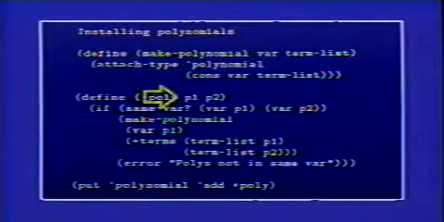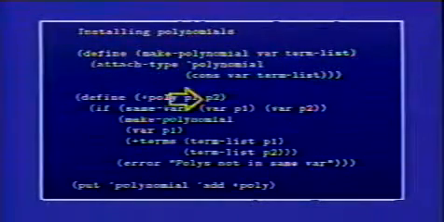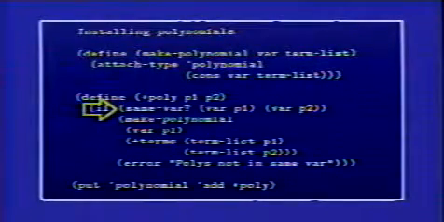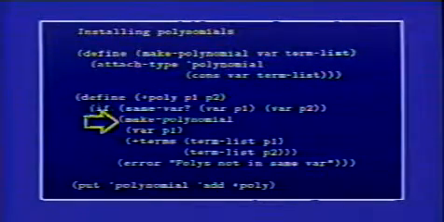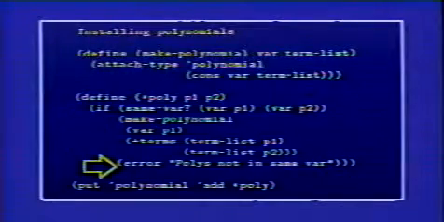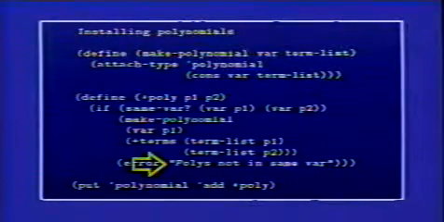Okay, how do we add two polynomials? To add a polynomial P1 and P2, and then just for simplicity, let's say we will only add things in the same variable. So if they have the same variable, and same variable here is going to be some selector we write, whose details we don't care about. If the two polynomials have the same variable, then we'll do something. If they don't have the same variable, we'll give an error: polynomials not in the same variable.